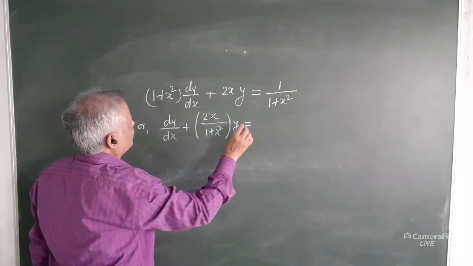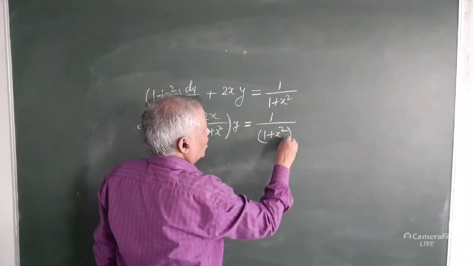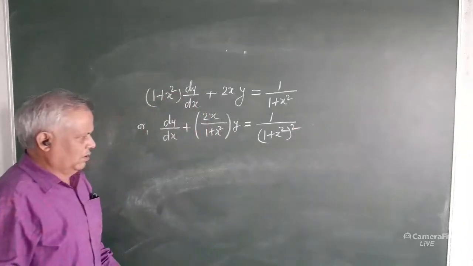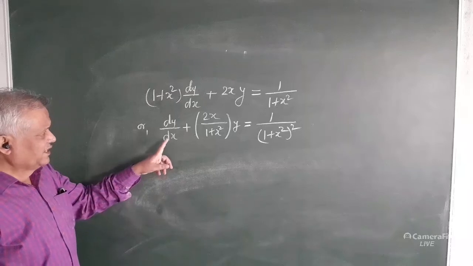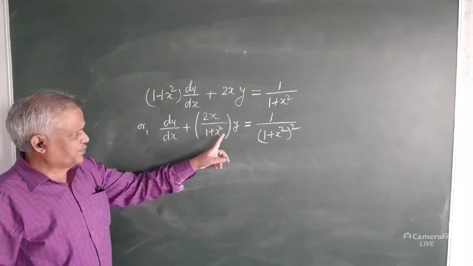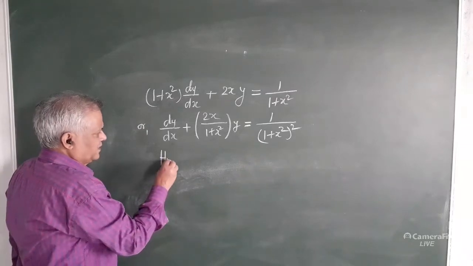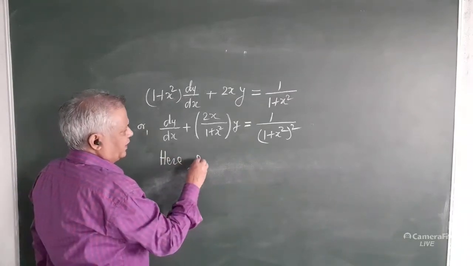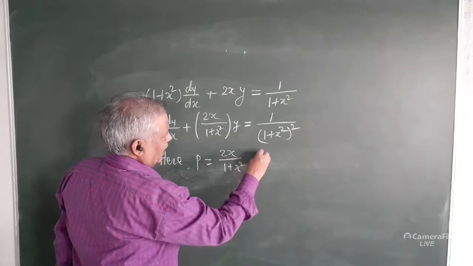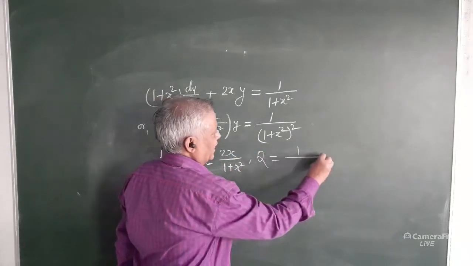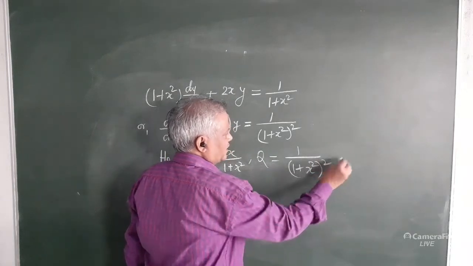Y is equal to 1 divided by (1 plus x square) whole square. It is in the form of dy by dx plus py is equal to q. Here p is 2x divided by 1 plus x square, and q is 1 divided by (1 plus x square) whole square.